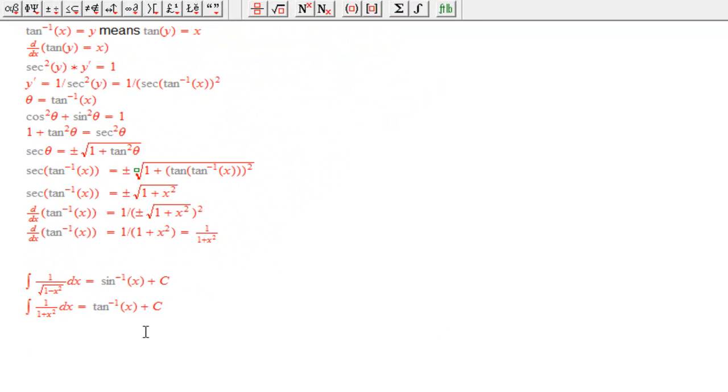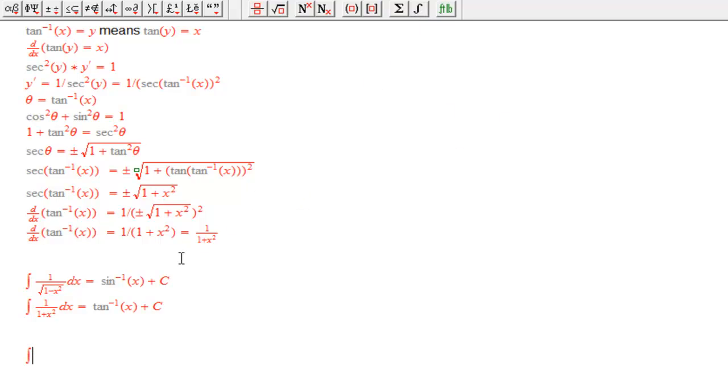Let me look at my notes here and see what examples I was going to do for you. We're going to look at 3 examples here. The first one is almost direct, but not quite. I'm just going to put one more little thing in here.